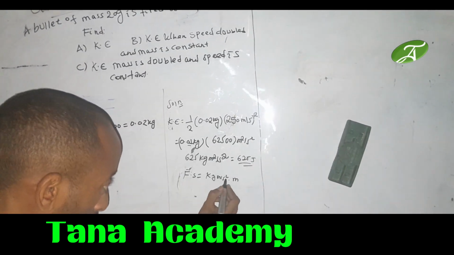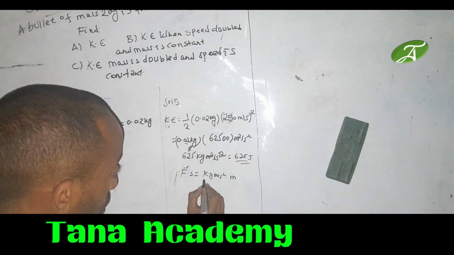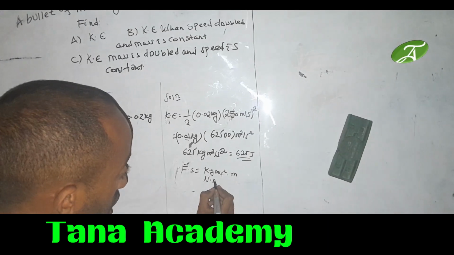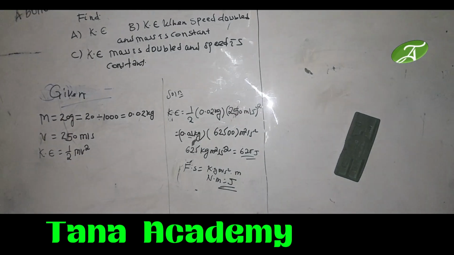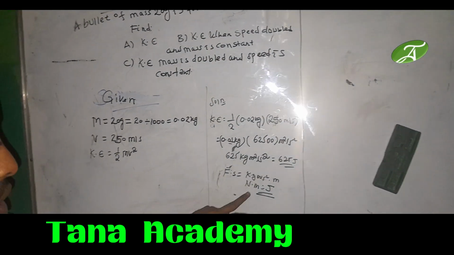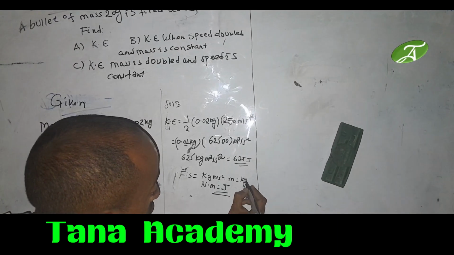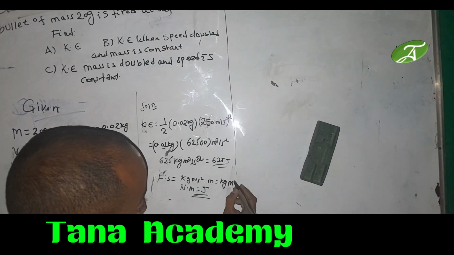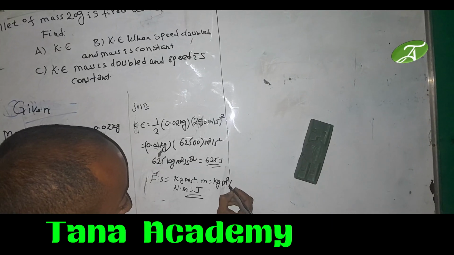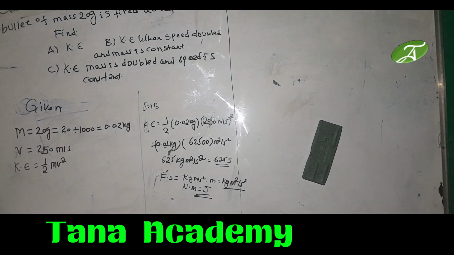Therefore, kilogram times meter per second square becomes Newton. Newton times meter becomes joule. That is why, when we multiply this one, kilogram meter square per second square is always joule, or Newton meter.